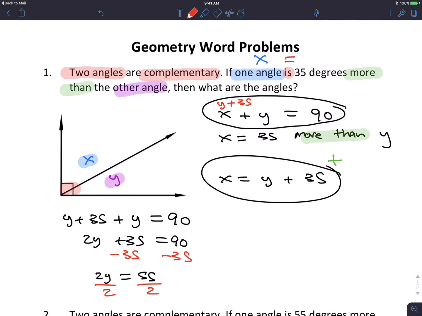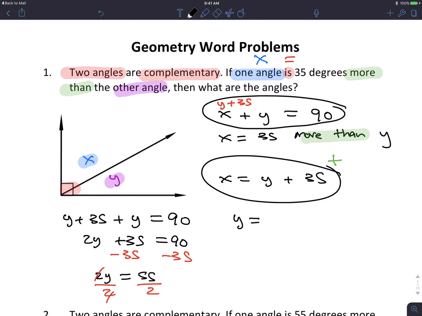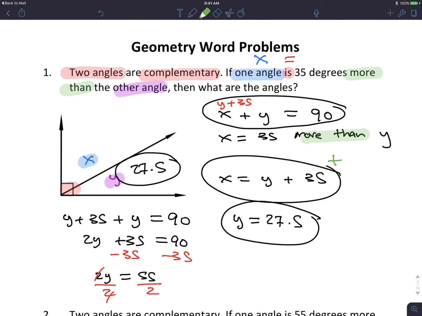Divide both sides by 2. y is 55 divided by 2, which looks like it's going to be 27.5. Okay, so y is 27.5. That's the first angle. That goes right here. 27.5. Now to find the next value, we know this y value here is 27.5. We plug it back into the second equation.